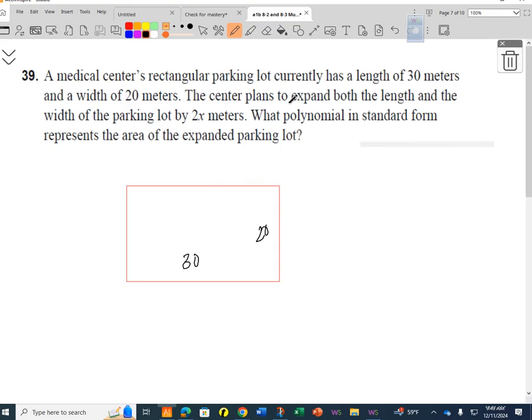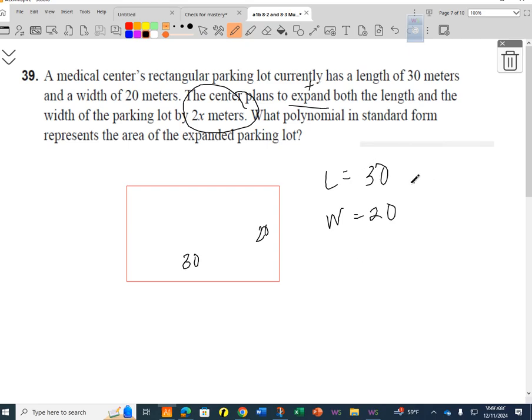Now it says the center plans to expand both the length and the width of the parking lot by 2x meters. So we're going to add 2x to the length of the parking lot. We've got the length of 30 and the width of 20, and we're expanding, and expanding means to add. We're increasing it, right?